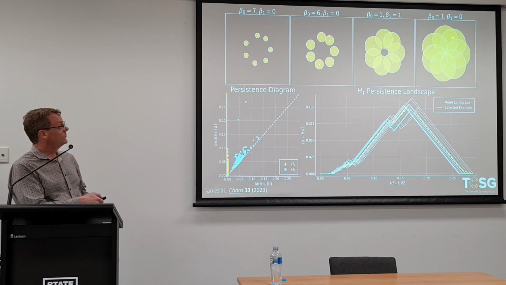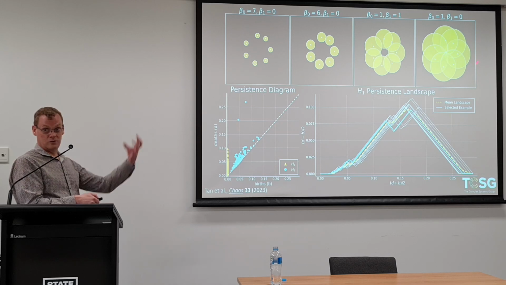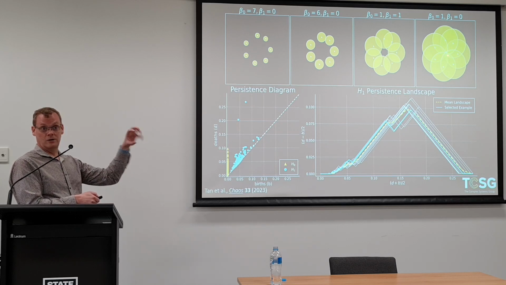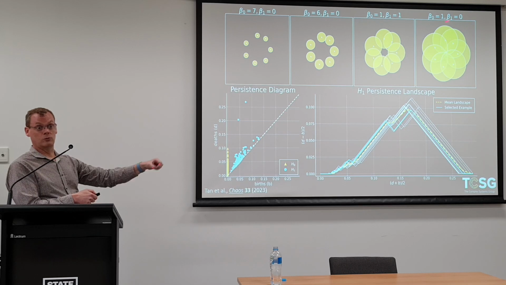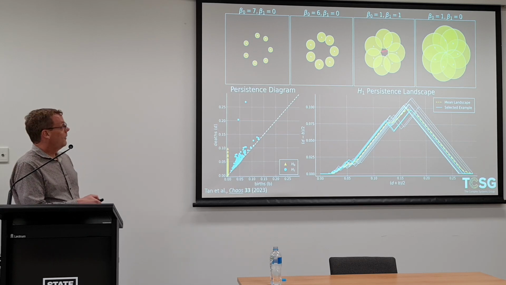I make the circles bigger still, and eventually each of those dots is connected to every other dot. And that's when I've got a complete simplex, a fully connected subgraph, every node connected to every other node. And what we say is this ring that is created here is destroyed here.